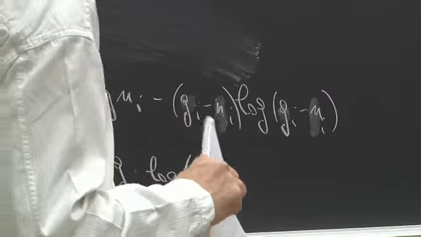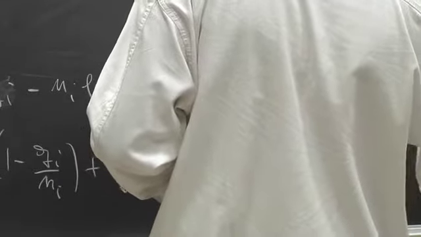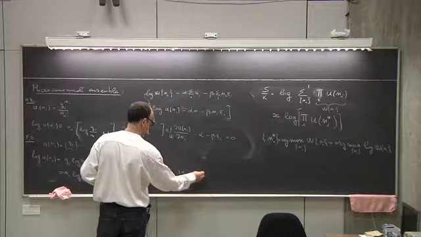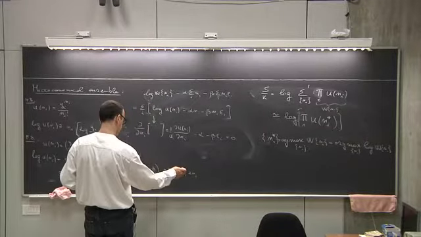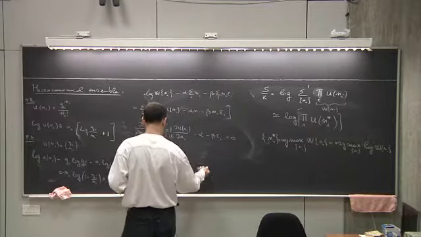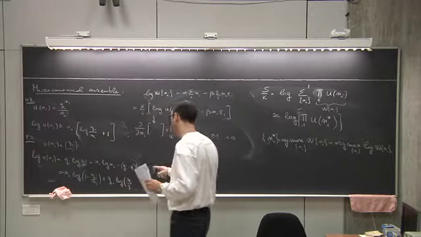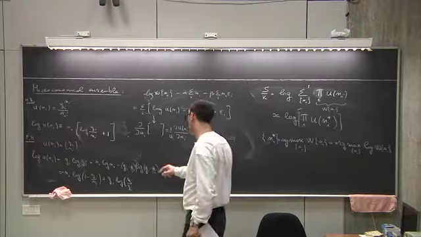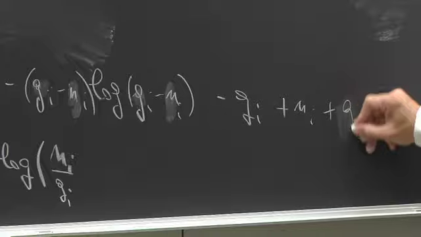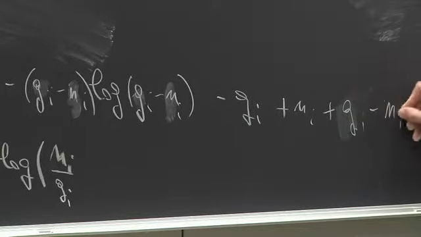Okay, so you say there is minus Gi, then there is a plus Ni, they cancel, right? So minus plus Gi minus Ni, so this cancels, okay?